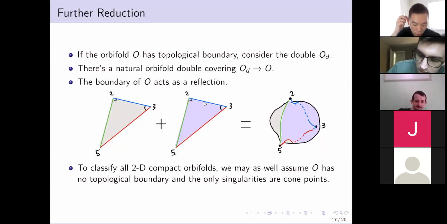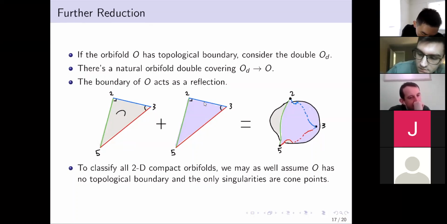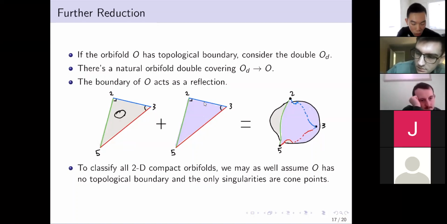One example that I have over here is this orbifold O, which is topologically a disk, but with three boundary mirror lines, and there are 3 singular points over here. These are the corner reflector points of order 2, 3, and 5.